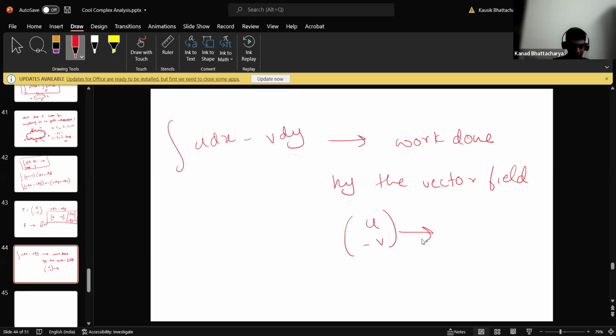The equation for checking whether a vector field v... hmm, wait. Basically what I'm trying to get to is that if you interpret this as work done, you will see that this expression evaluates to zero.